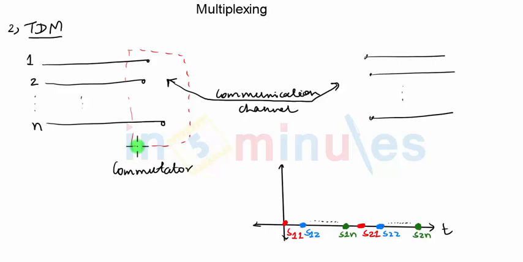At a given time instant, the switch will be connected to one specific input channel, and the sample from that channel will be transmitted over the communication channel. In the next time instant, the switch will move to the second input channel, or the second signal. It will read a sample from that signal and transmit it over the communication channel, and this will keep on happening, and the switch will keep on moving across all the channels. It will go back to the first channel and will keep on doing so.